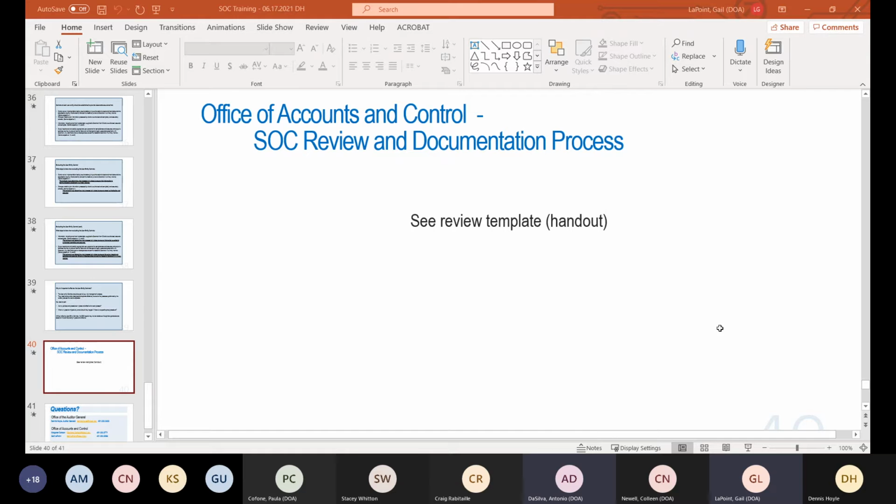So as Dennis said, we have a type 1 report or a type 2 report. You need to identify which it is. What is the type of opinion that has been provided? Is it qualified, unqualified, or did they just disclaim it? If we have a partial year, do we have a bridge letter? Do we need one? If we do need one, we will need to request it. And on this line, if you have requested it, just drop in the date that you requested it on.